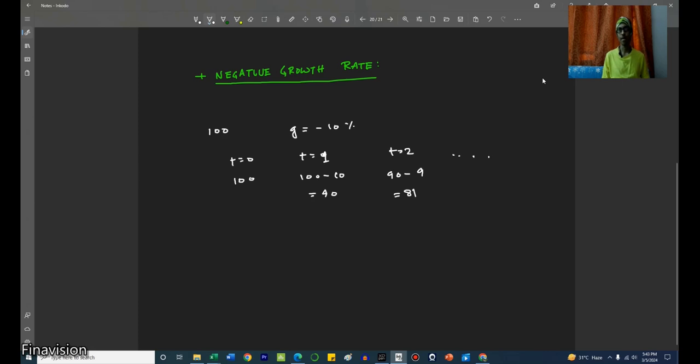So here the formula will be V0 is equal to 100 times (1 minus 0.10) divided by, let's say the required rate is 15%, so 0.15 plus 0.10.